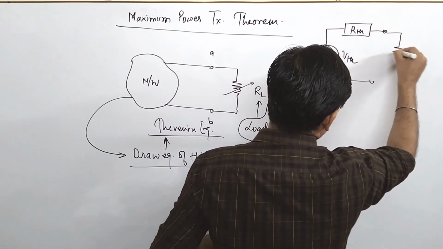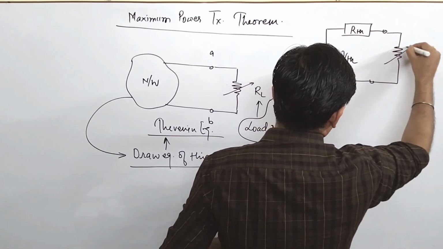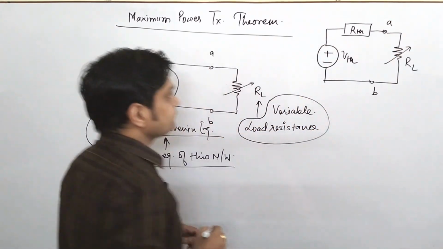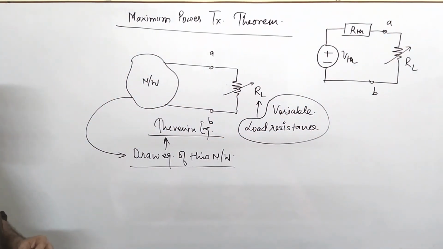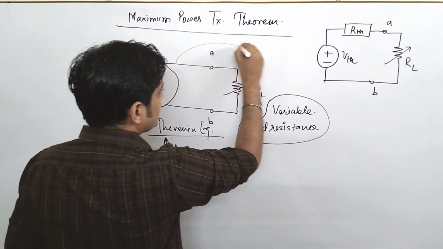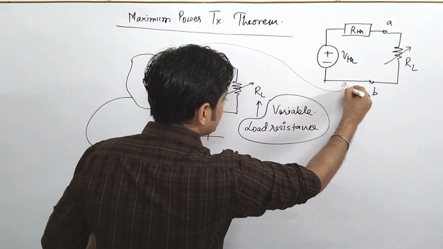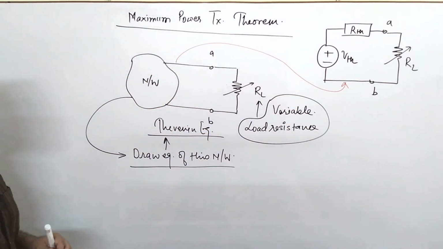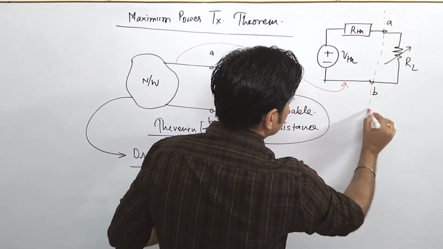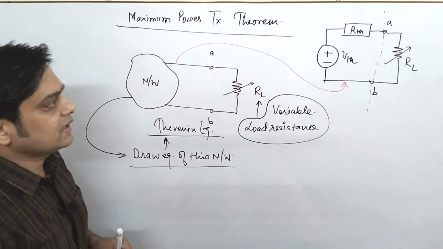Now you see some load that we call RL is connected. What I did was replace this entire network with this equivalent combination, and at this terminal your load is connected as it is, as RL.